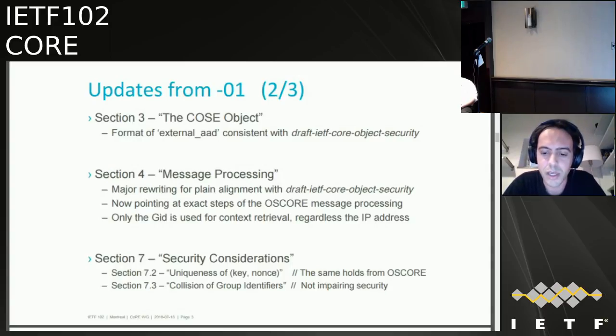One essentially discussing how the same proof you have now in OSCORE holds here for the sake of uniqueness of key and nonce, under some hypotheses that are enforced by construction, especially uniqueness of group identifiers under the domain of the same group manager. And the section 7.3 about the fact that possible unlikely collisions of group identifiers do not impair security as such at all.